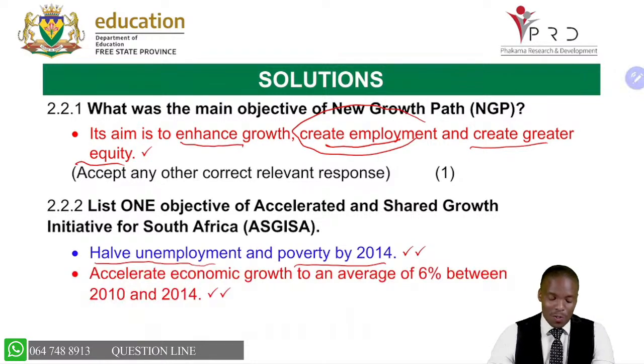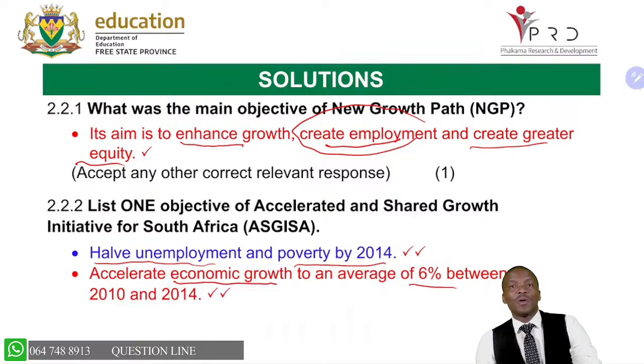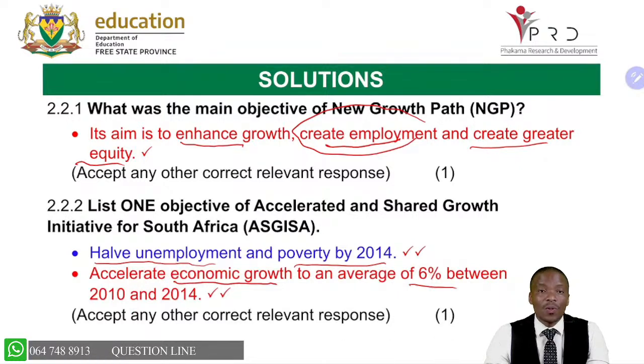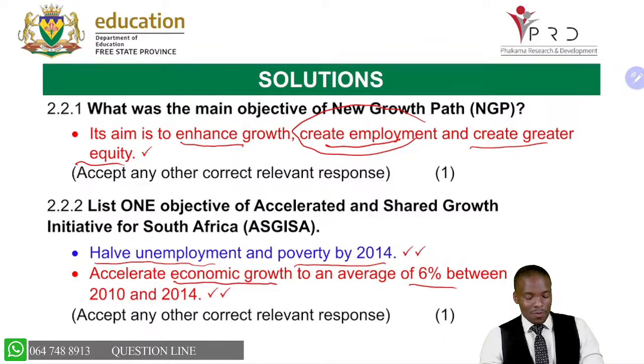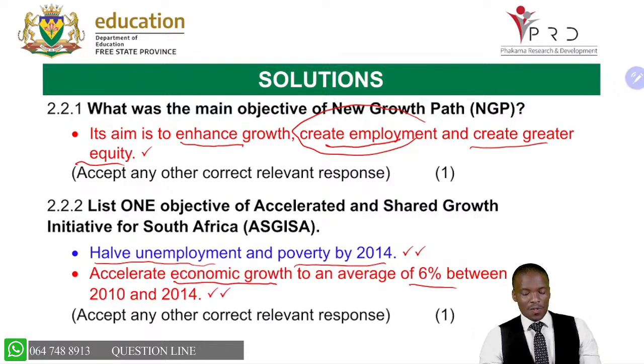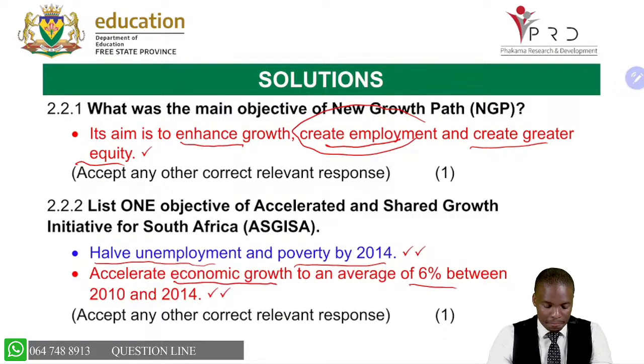It was also there to promote economic growth at an average of around 6% between 2010 and 2014. So those are part of the answers; employment is there, growth is there. That's another 1 mark that you are collecting there.